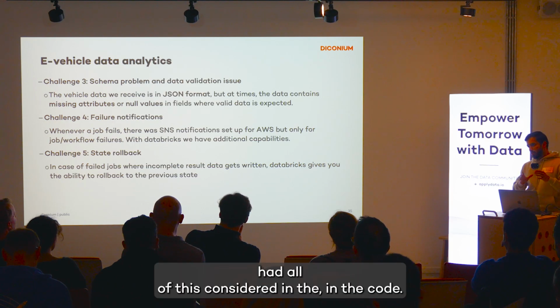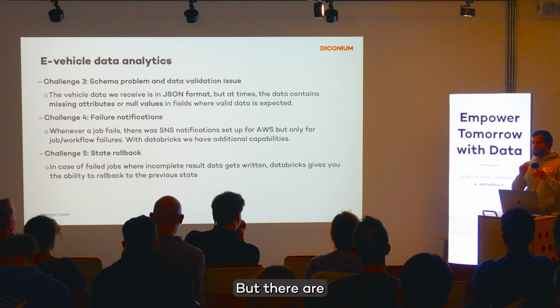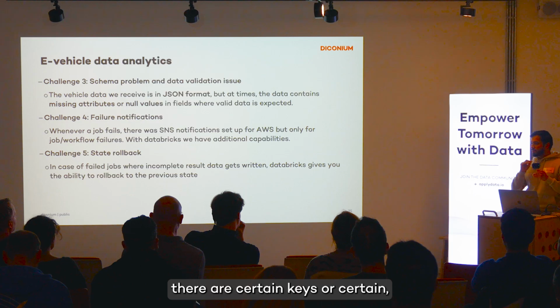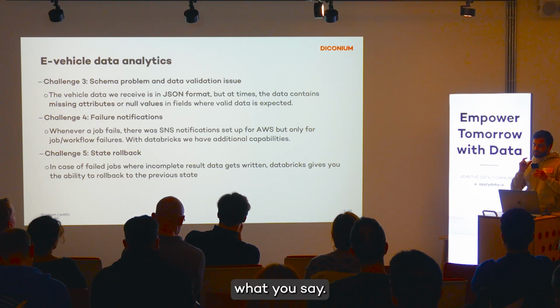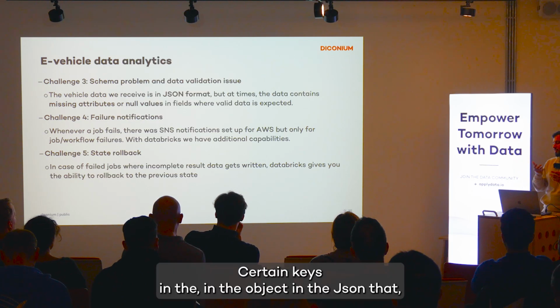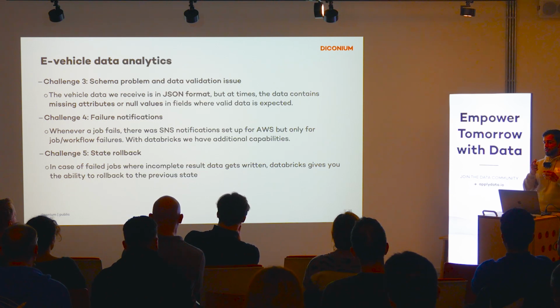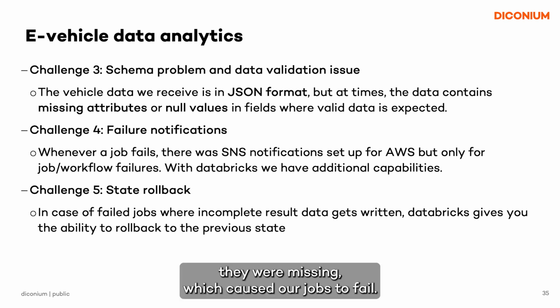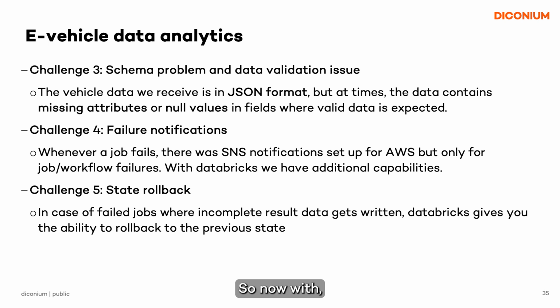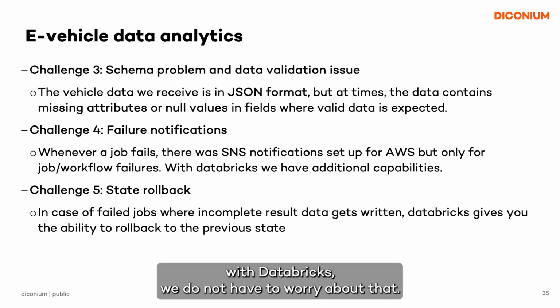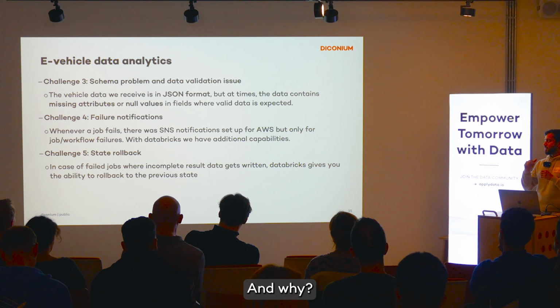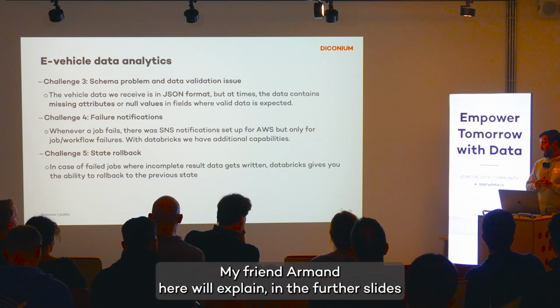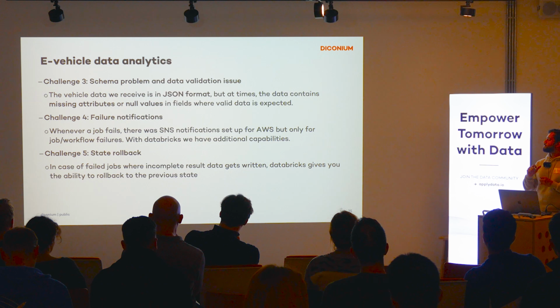We had all of this considered in the code, but there are certain keys in the JSON object where the data is actually expected, and they were missing, which caused our jobs to fail. So now with Databricks, we don't have to worry about that. And why? My friend Arman here will explain in the further slides.